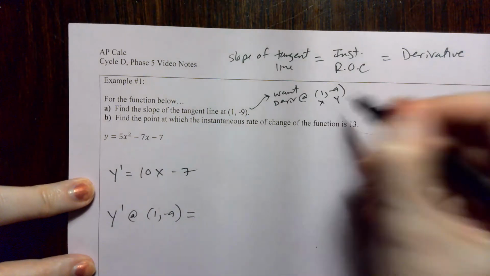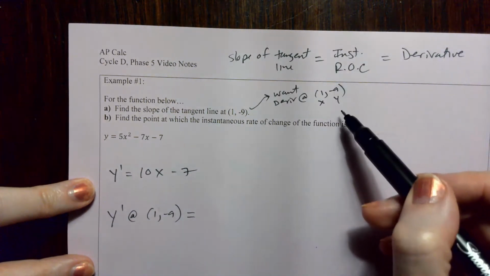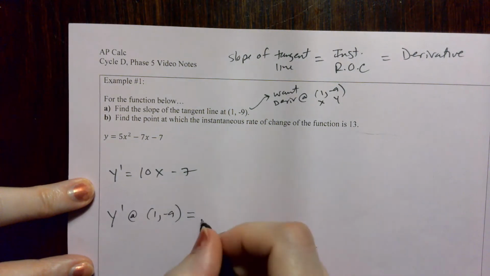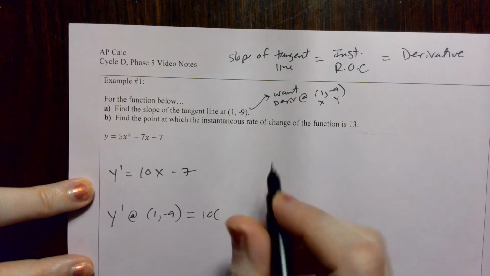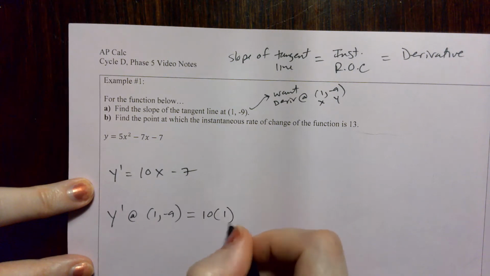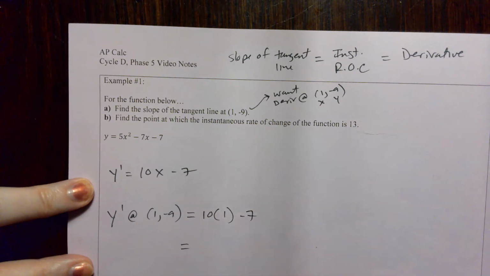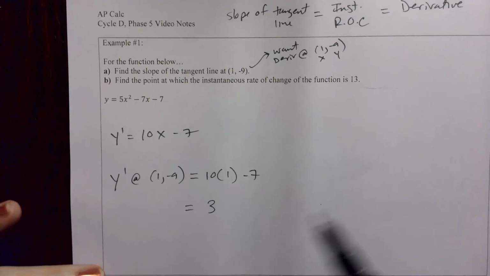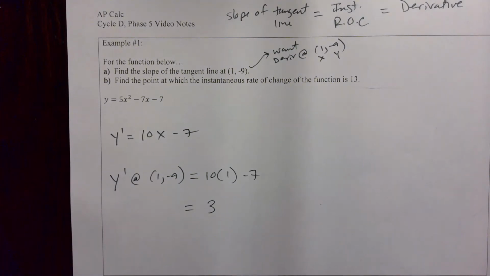This is the x, this is the y. So really I don't even need the y in order to know the slope because this slope only depends on x. So 10 times 1 minus 7. 10 minus 7 is 3. Okay, so that is the answer to A. The slope of the tangent line at 1, -9 is 3.